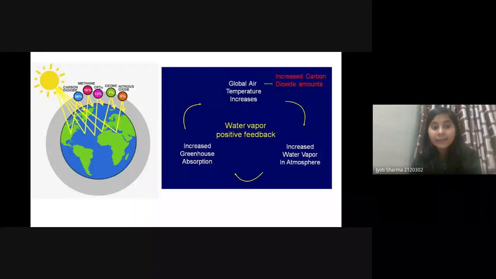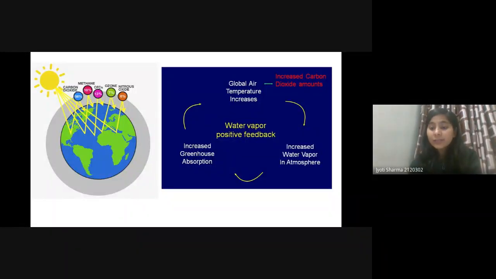Okay, and then nitrous oxide and more gases. So such kinds of gases can absorb the radiation that has been reflected from the surface. Okay, and that will radiate back to the surface of the earth, and that's why it will give you the warming effect. And water vapor is also a greenhouse gas.